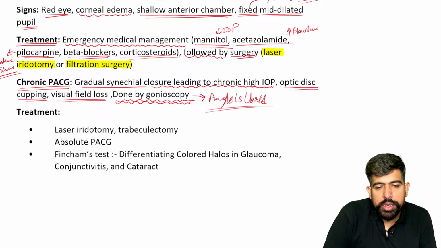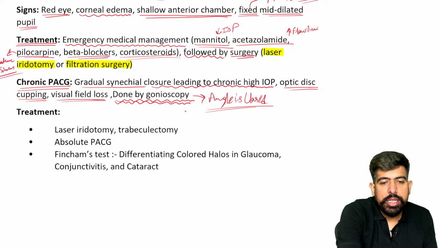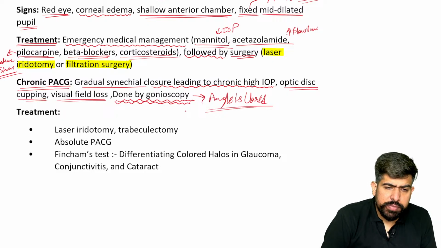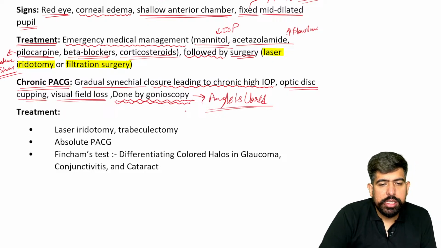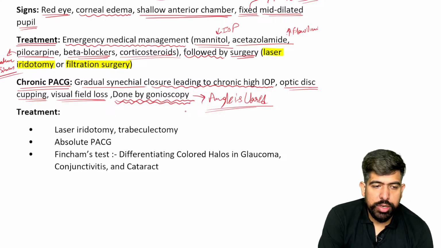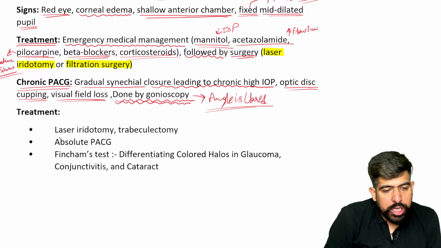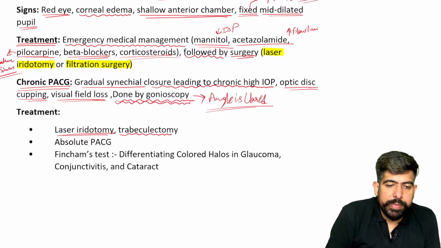If the angle is open, it means it is open angle glaucoma, right? So we have to confirm by gonioscopy that the angle is totally closed, right? Now, what is the treatment for this chronic one? Please remember, in the chronic, we have to do laser iridotomy or trabeculectomy.